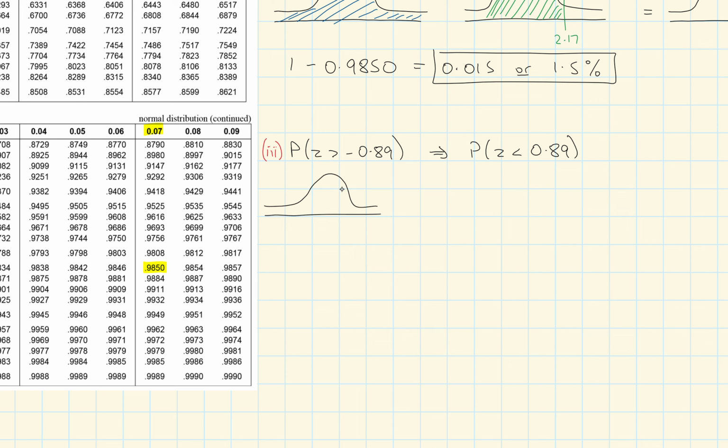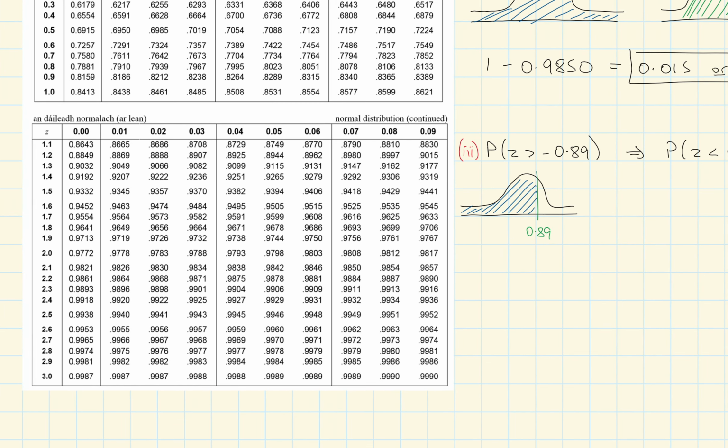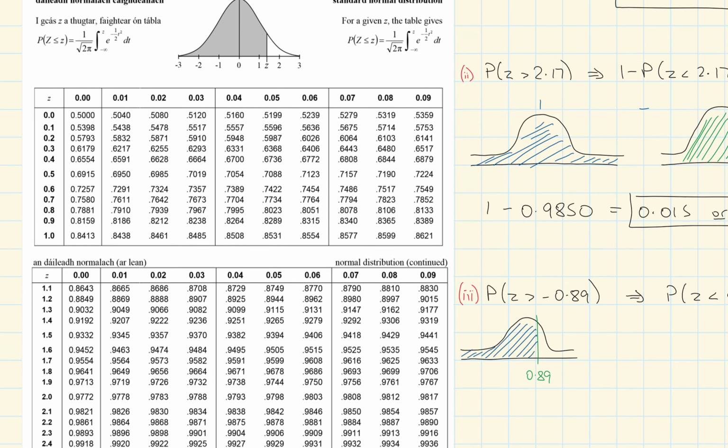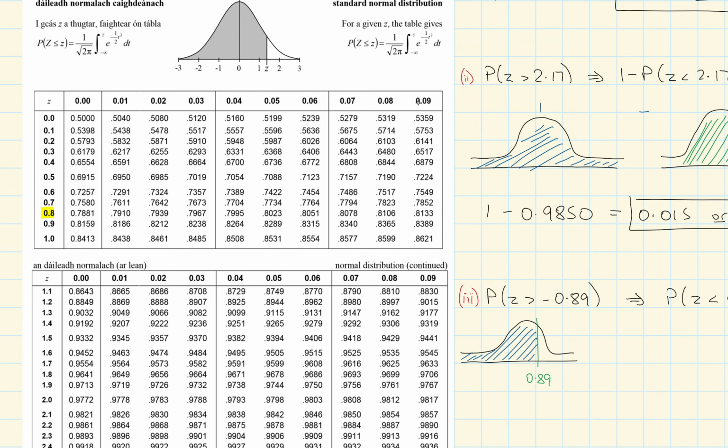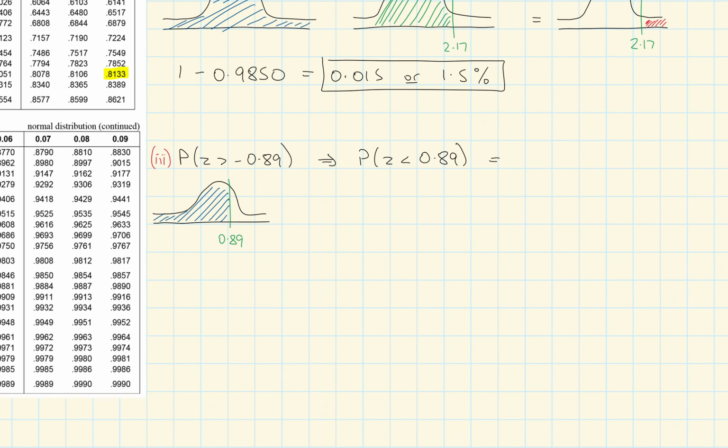So what's happening here is we have 0.89, and it's asking us for the area to the left. Okay, into our log tables, we're looking for 0.8 first, and our 9, subtract down, and we get 0.8133.